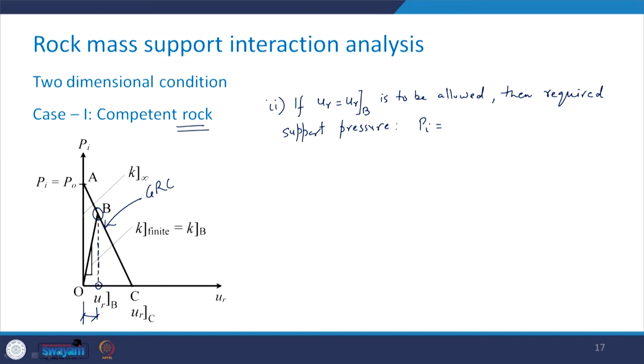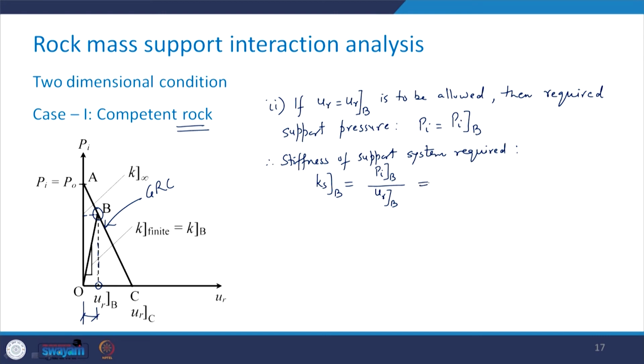So corresponding to this, whatever is the value of Pi that I will get, it will be equal to say Pi at B. So therefore in this case, the stiffness of the support system which is required will be Ks at B is equal to Pi at B divided by UR at B, and this is going to give me the finite value.